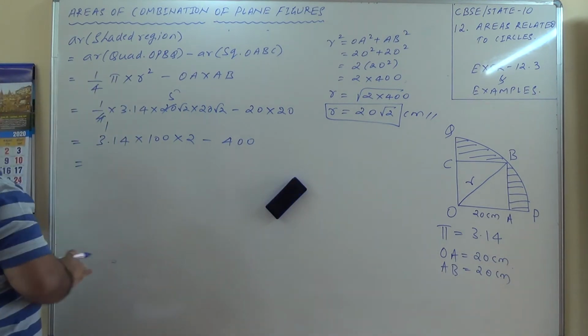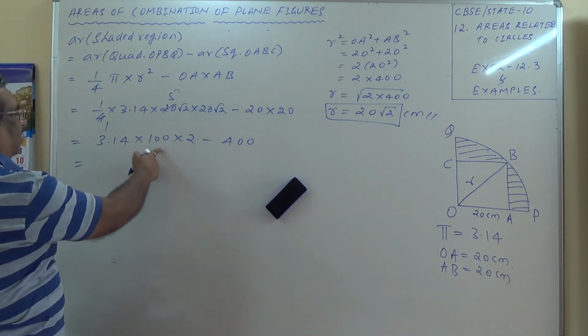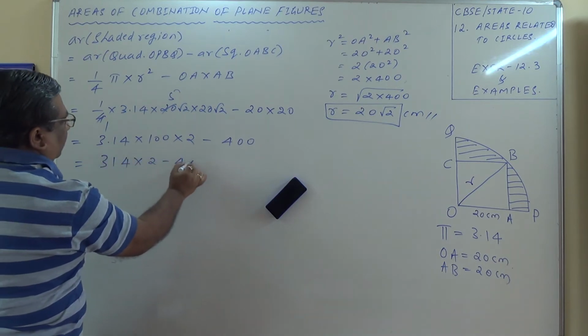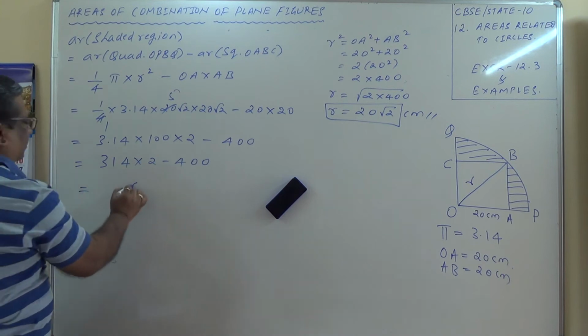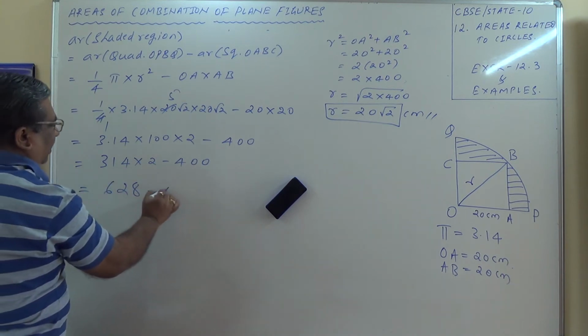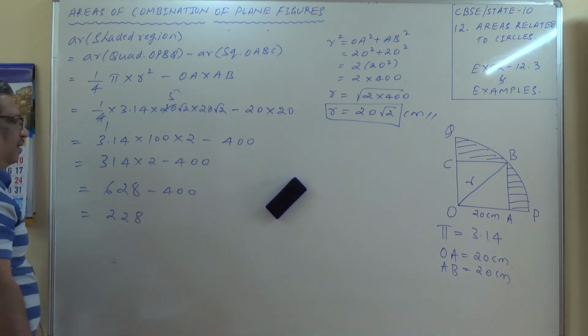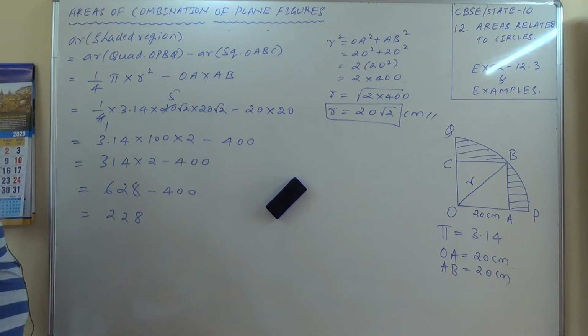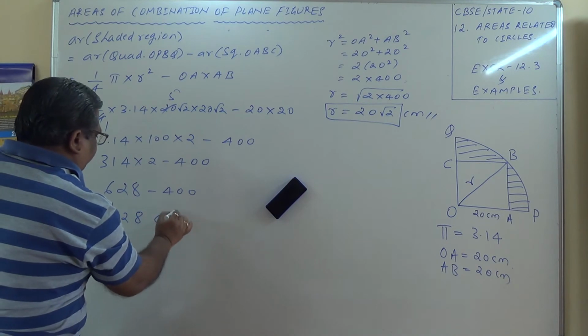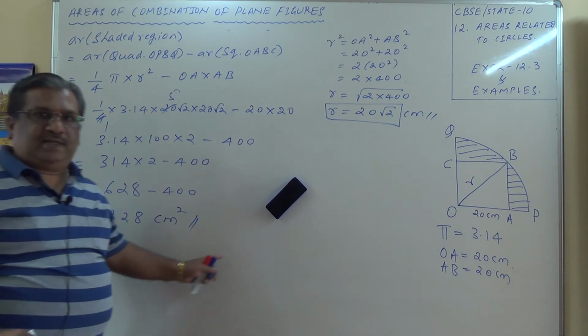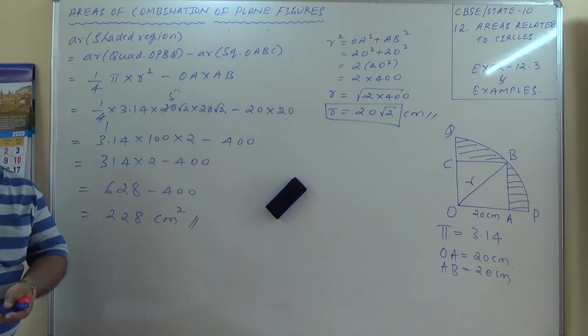So this is 314 into 2 minus 400, which is 228 square centimeter. Check the answer please. I hope you understand this. Make a note of this.